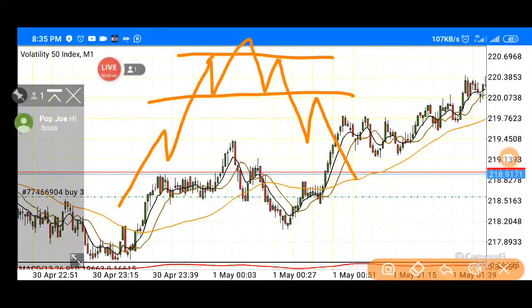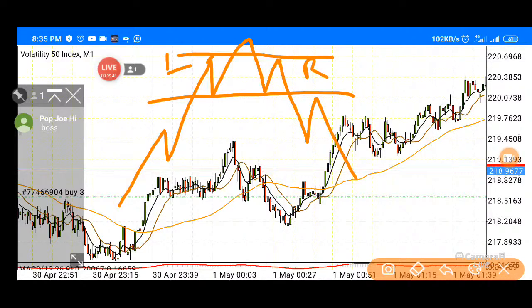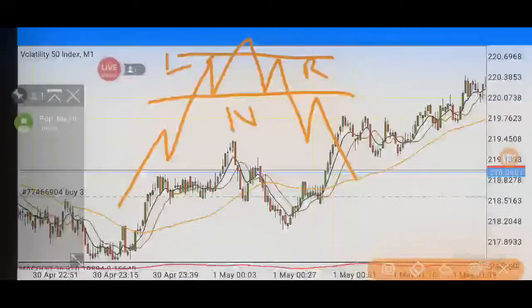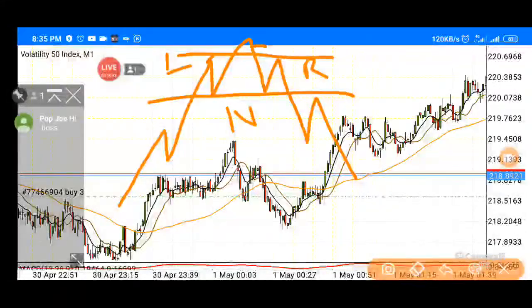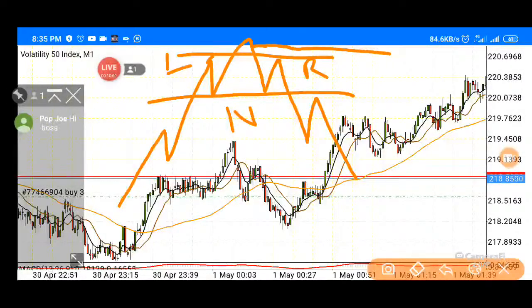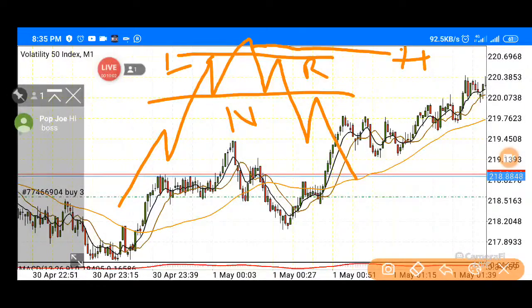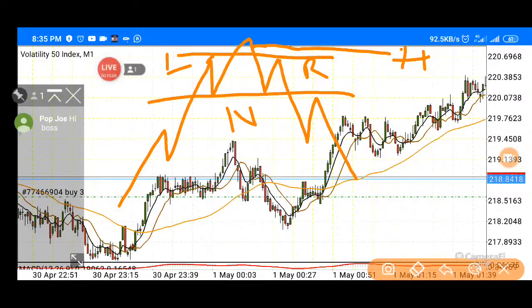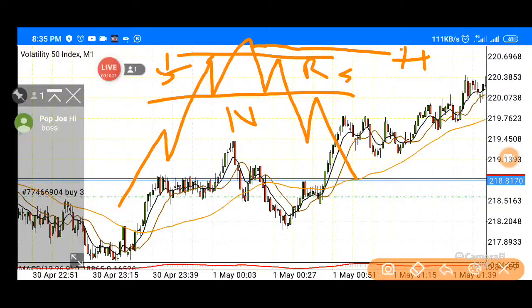This is the left shoulder, this is the right shoulder, this is the neckline, and this is the head. Do you understand? So we now have shoulder, head, shoulder. If I tell you that the market formed SHS, I mean shoulder, head, shoulder.